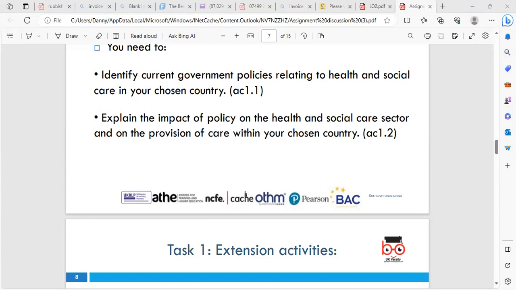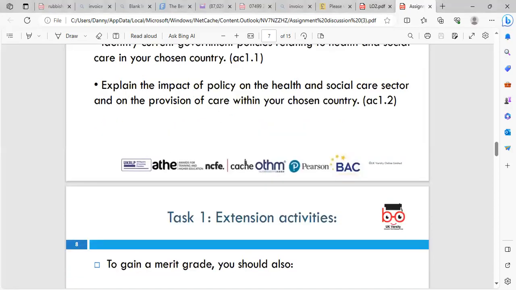Okay, that's a good one. What about the provision of care? I mean, the impact of policy on the health and social care sector and the provision of care within your chosen country. Are there any barriers?